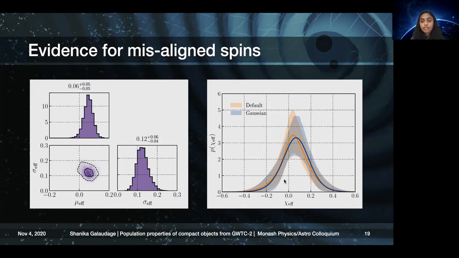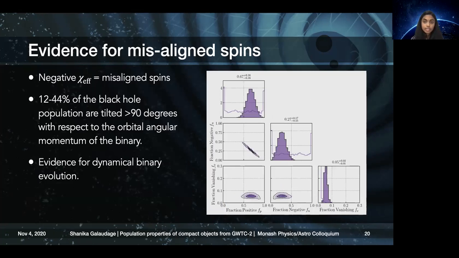So we have evidence for this misalignment or anti-alignment. Over here, I have the mean of the distribution of chi-effective and the sigma of chi-effective. So this points at evidence for misaligned spins.